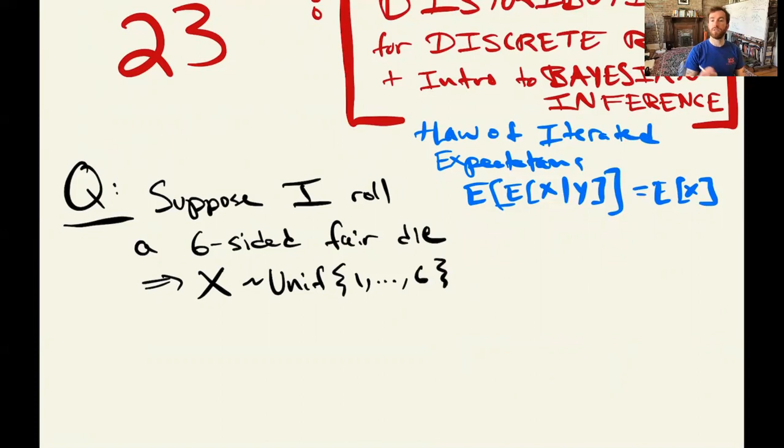Now, once I know the value of x, say I've rolled the die once, I now flip a coin that number of times and I count the number of heads.